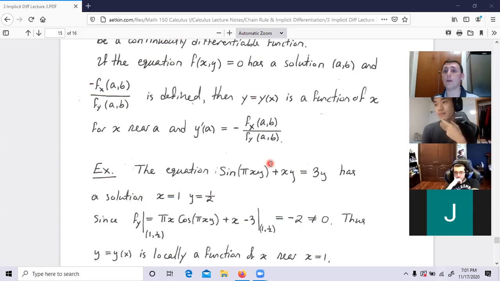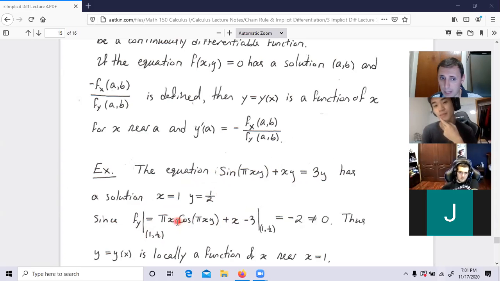No matter how horribly difficult the equation is, having the condition that some pair of numbers satisfies the equation, and this is called the partial derivative with respect to y. You don't have to know it, you can forget it afterwards, but that means that I treat x as not a variable, as maybe 5 or some constant number, and I treat y as the variable. So what is the partial derivative with respect to y at the point 1, 1/2? This means that x is equal to 1, and y is the variable.